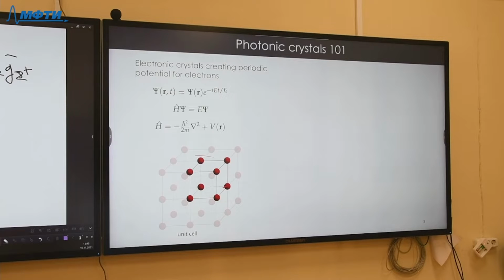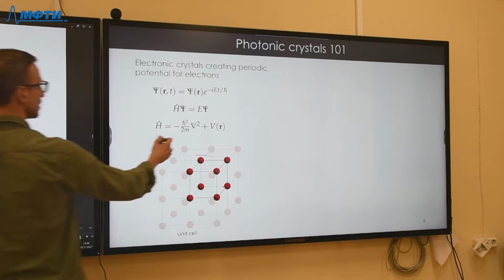And the term photonic crystal actually comes from solid state physics, because what is an electronic crystal? This is a periodic arrangement of atoms that form a crystal lattice, and there are electrons traveling through this lattice, and the wave function of the electron satisfies the Schrödinger equation with the periodic potential.